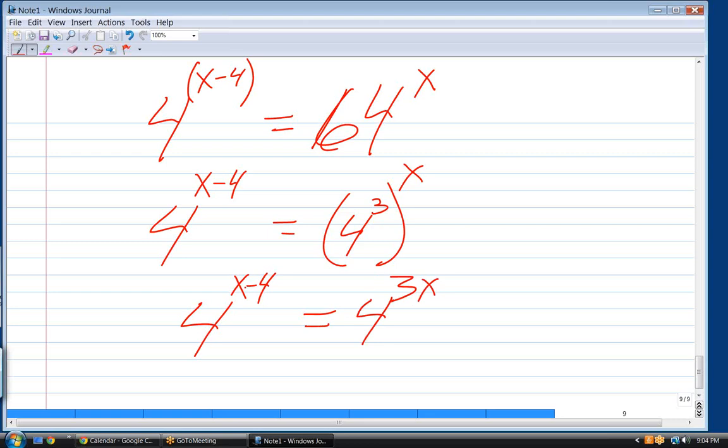Well, if 4 to this exponent equals 4 to this exponent, the exponents have to be equal. So I can say x minus 4 equals 3x. Solve that, and you get 2x equals minus 4, x equals minus 2. So whenever you're looking at that exponential, look for a common exponential base.